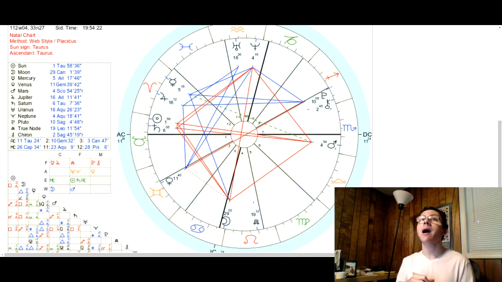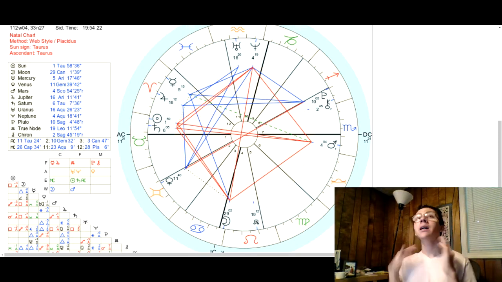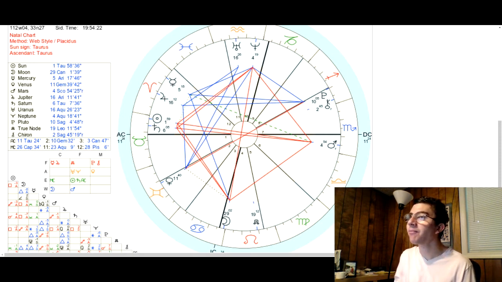Jupiter is very happy in the watery nest of Cancer. So they're both in the same element, and trines are 120 degrees apart from one another.